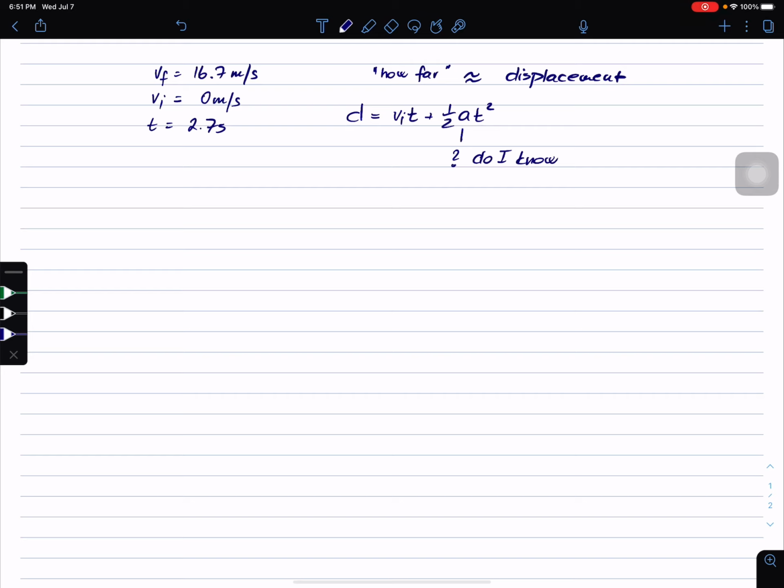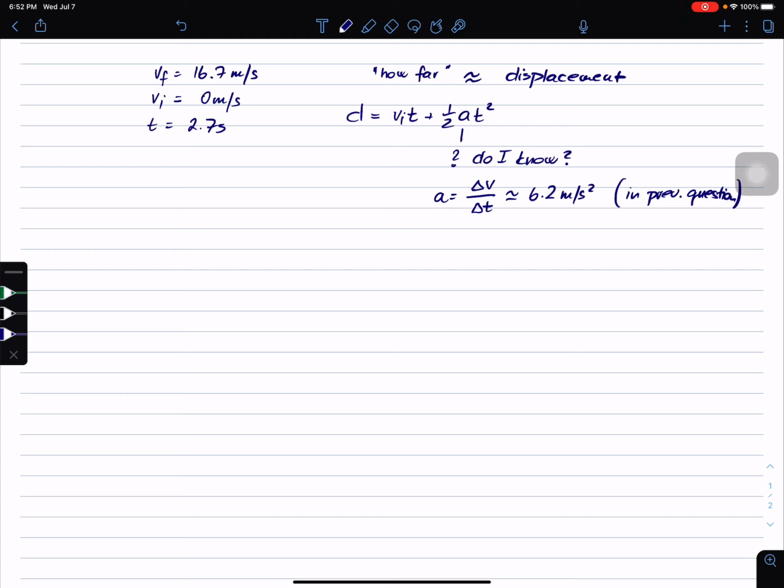Well, maybe not directly, but we calculated that the acceleration is change in velocity over change in time, which in our case came up to be approximately 6.2 meters per second squared. And this was in a previous question.